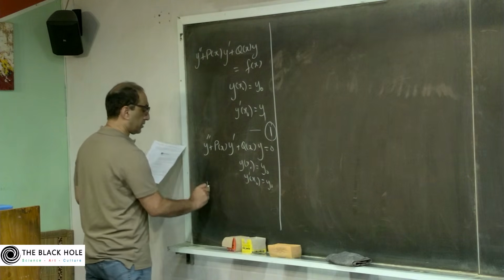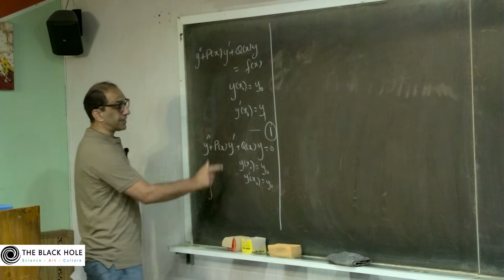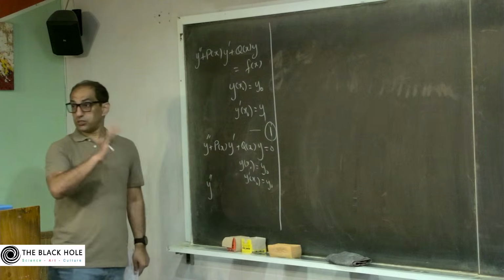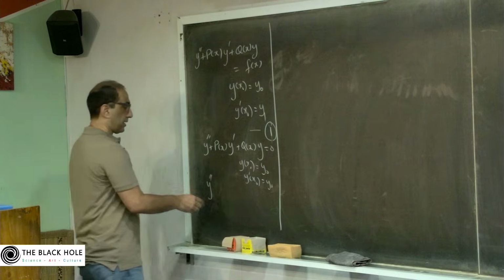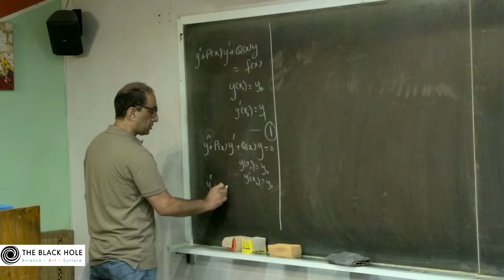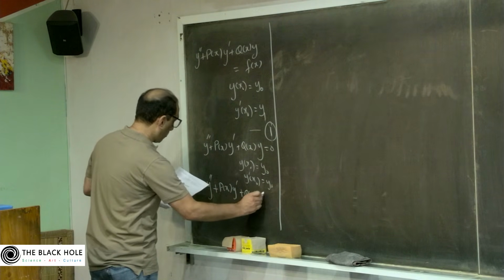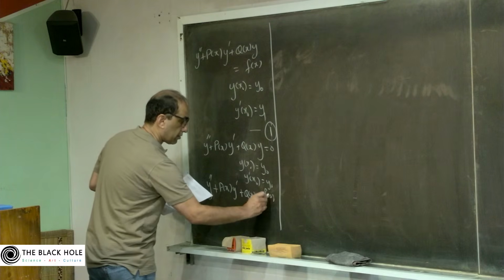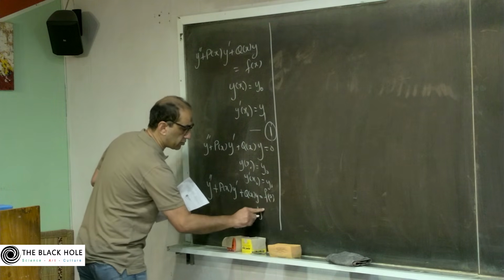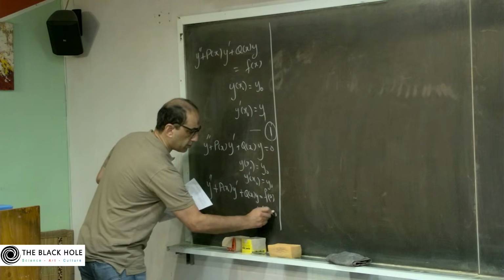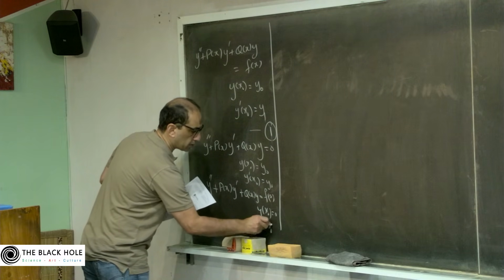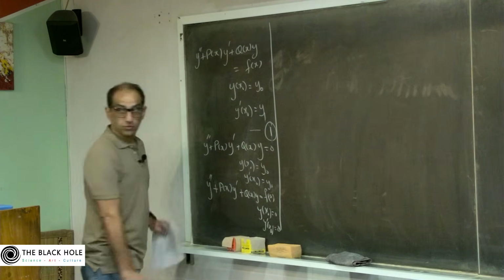The solution can be expressed as this, which is the homogeneous part, and the inhomogeneous part with the conditions y of x naught is equal to 0 and y dash of x naught is equal to 0.